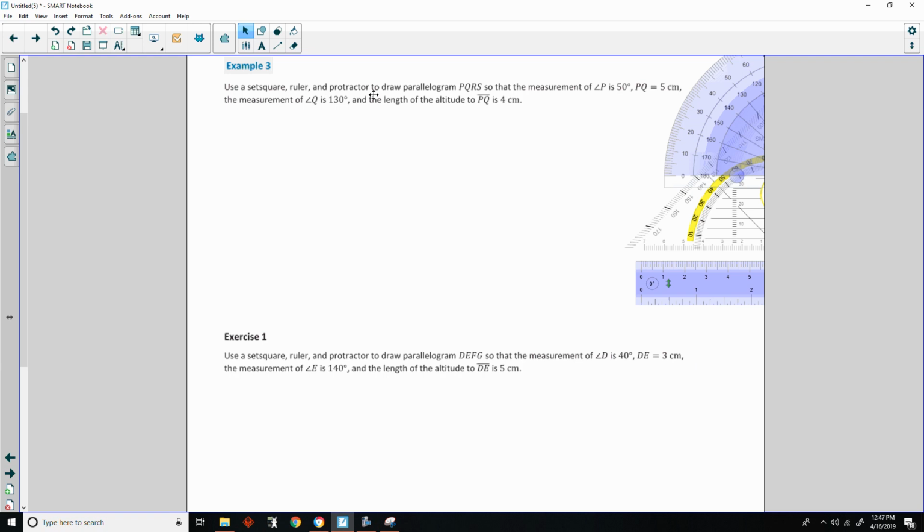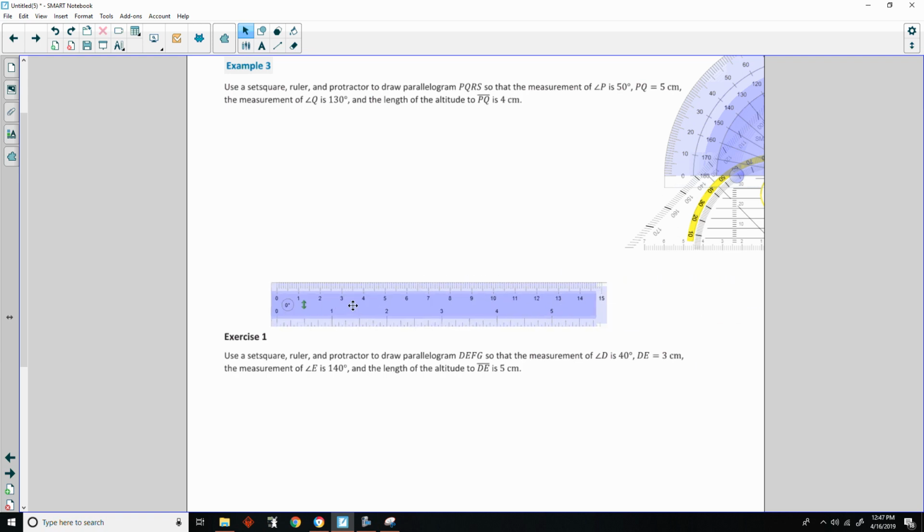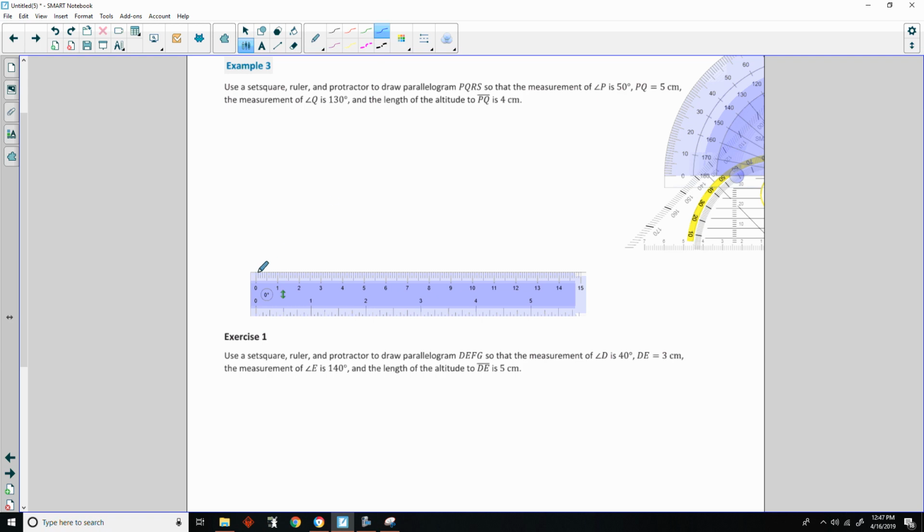It says use a set square, ruler, and protractor to draw the parallelogram. Measure of angle P is 50 degrees. Well, I can't draw an angle unless I have two lines, segments. So I need to start with a segment, and they said PQ is 5 centimeters. So I'm going to start off with taking my ruler and drawing a 5 centimeter segment and calling it PQ. Start at 0 and go out to 5.